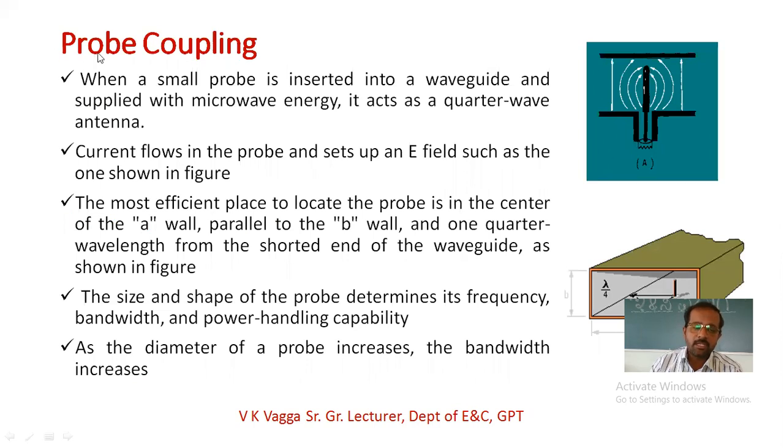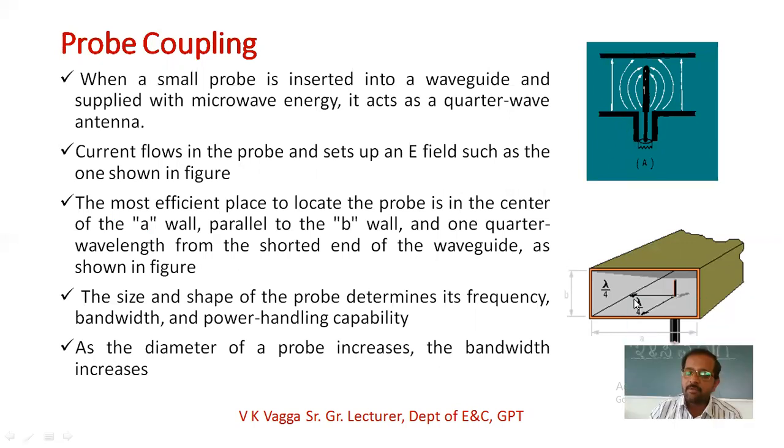In the probe coupling, a single conductor is used. It is inserted into the waveguide exactly at the center, at a distance of lambda by 4 from the wall. After inserting the center conductor, all the E lines, the electric field, are attracted to the conductor.